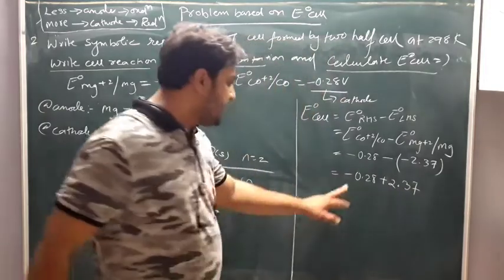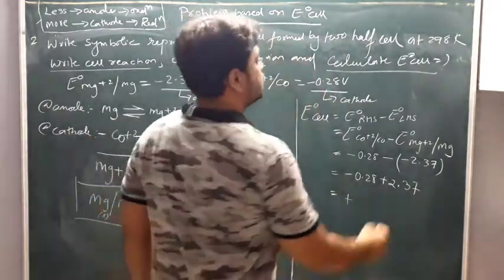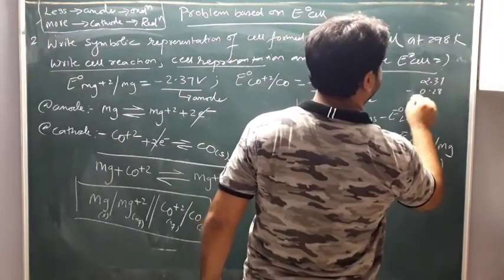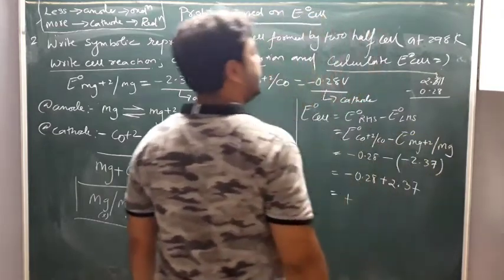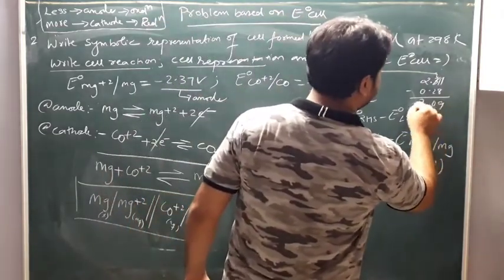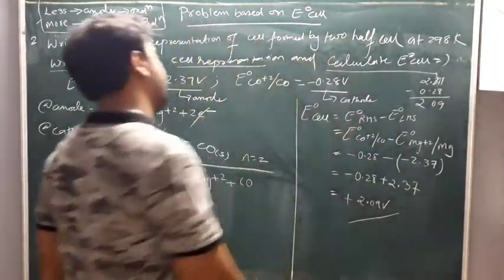Now you know here minus plus, the bigger number's sign decides. So the answer will come in plus. So 2.37 minus 0.28 gives 2.09. So the answer will be plus 2.09 volt.